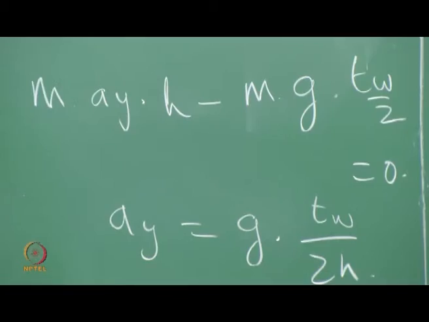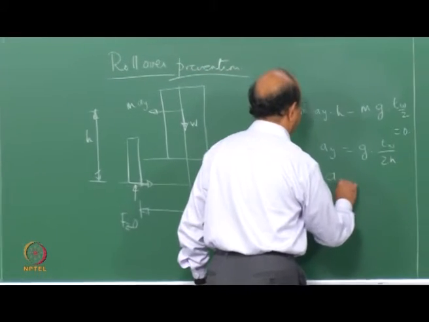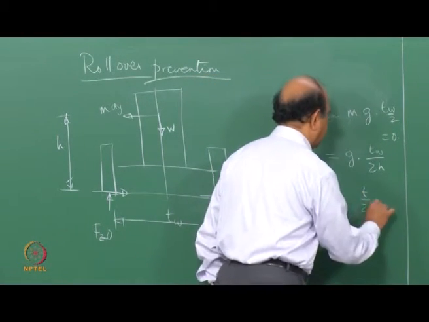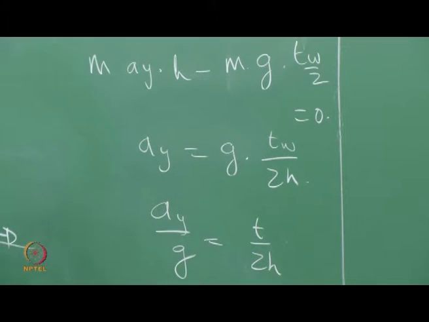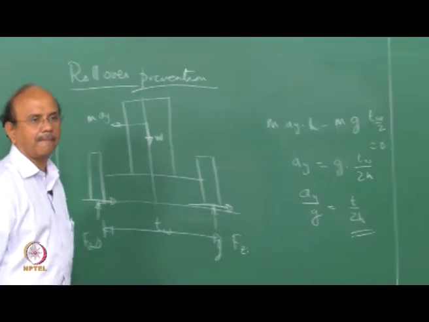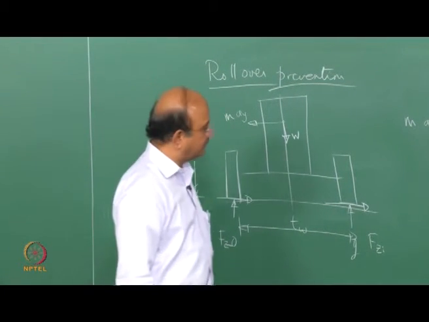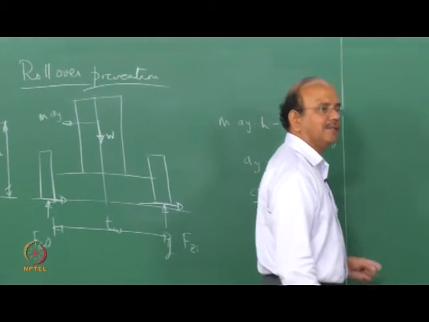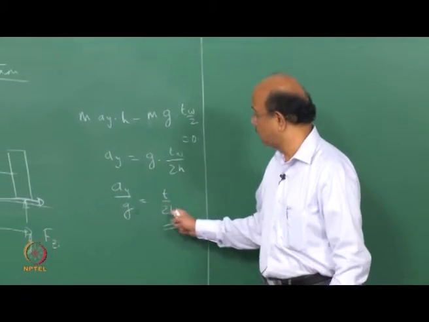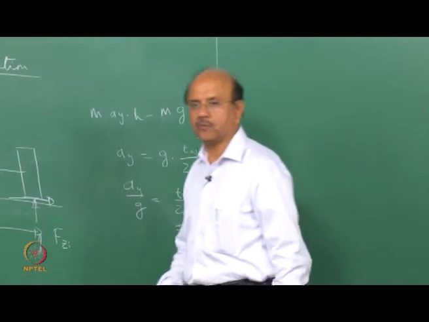It's a very famous ratio, the T by 2H ratio as it is called, or AY by G, usually expressed as the simplest formula, is equal to T by 2H. The first thing that our commercial vehicle guys who carry those lovely cars have to do is to check what their T by 2H ratios are. You would be surprised, we have done this calculation, you would be surprised to know that this is 0.22, 0.23 G. In other words, T by 2H is about 0.22, 0.23, very, very low.